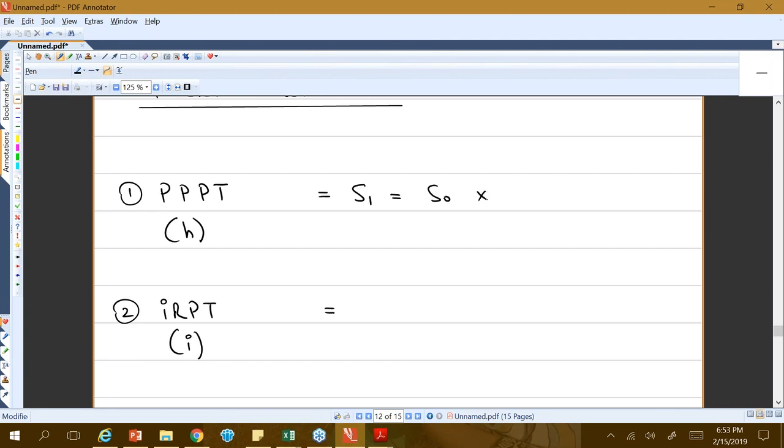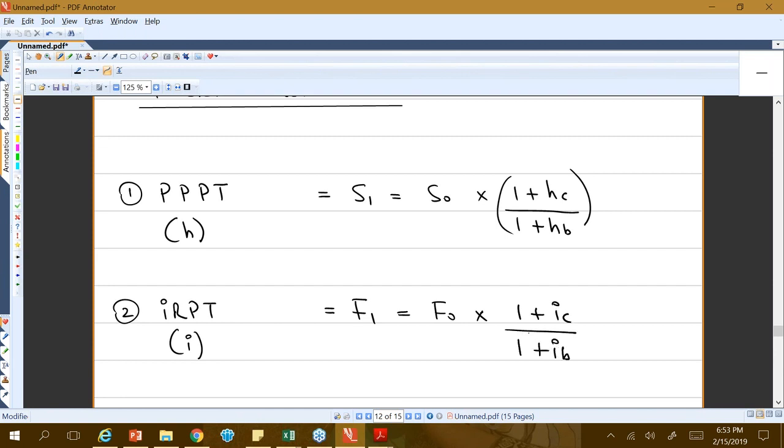S1 is S0 into 1 plus HC over 1 plus HB. The second scenario is F1 is equal to F0, or the spot rate now, into 1 plus IC over 1 plus IB.